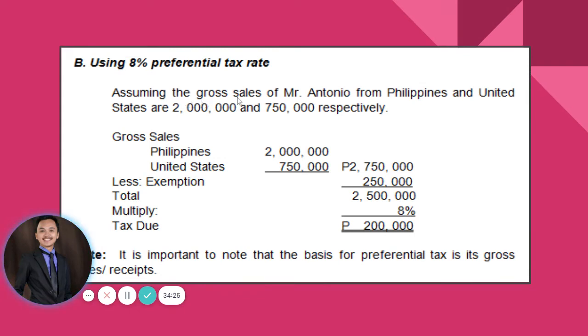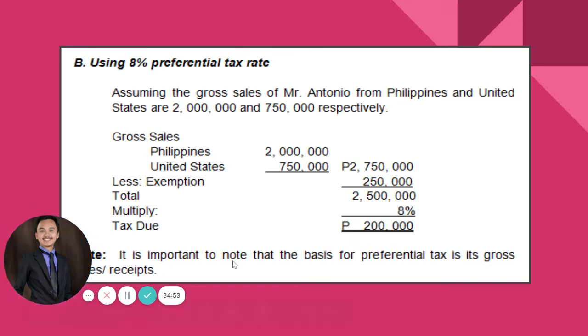So assuming that the gross sales of the taxpayer from Philippines and US are 2,750,000 respectively, so therefore your total gross sales is 2,750,000 less exemption na 250,000 since pure business ito, then therefore what will be multiplied sa 8% nato will only be 2.5 million. So therefore, using 8% preferential tax rate, ang tax due ni taxpayer will be 200,000.